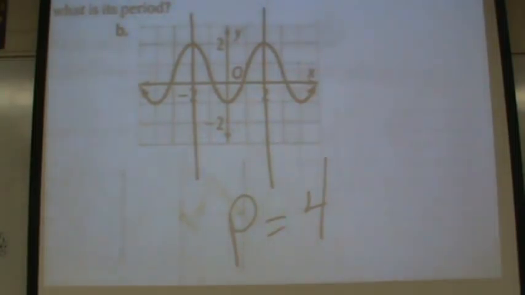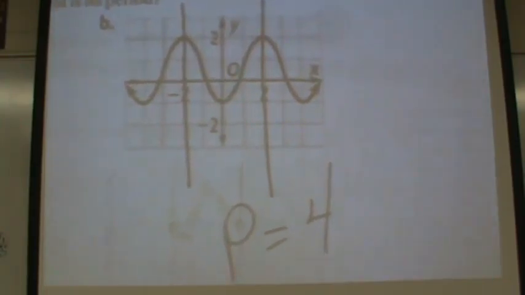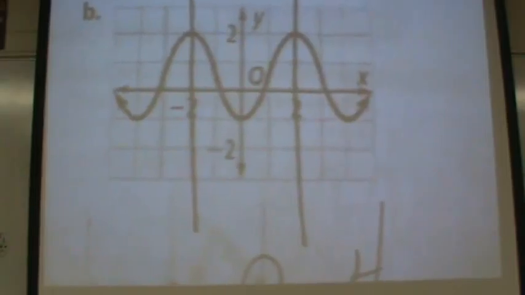Now, everyone look at this graph for a second. There are two things that you need to know. One is called the midline. The midline is a horizontal line that cuts this graph in half, horizontally.